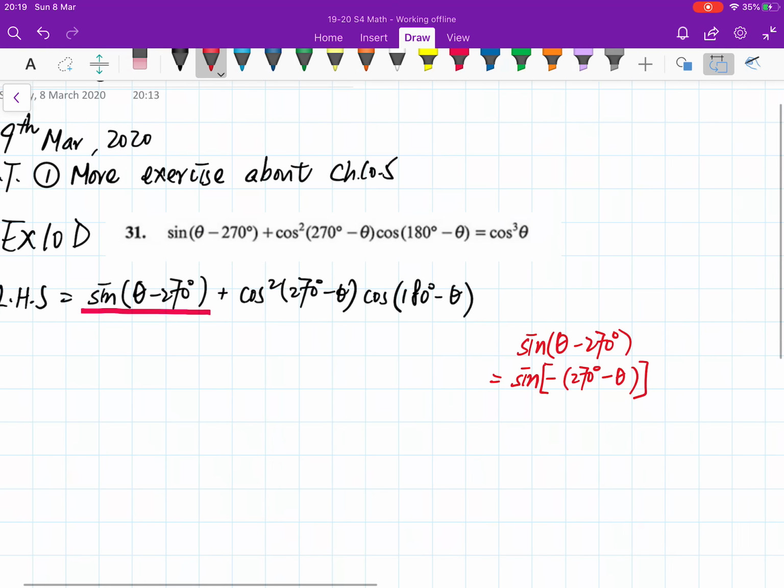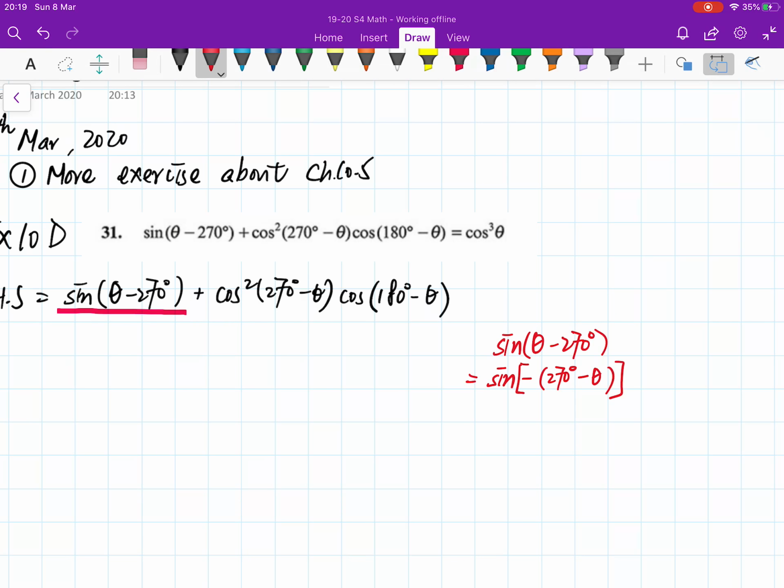Okay, and then as we know that because sine negative x equals to negative sine x, and therefore we will have negative sine(270 degree minus theta). Okay, then it's simply that we can do the transformation using the previous knowledge, which is negative and then negative cosine theta, and finally we have cosine theta.